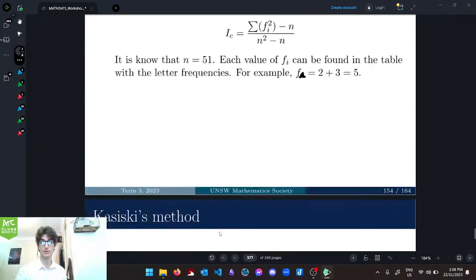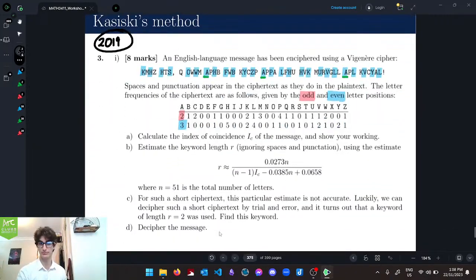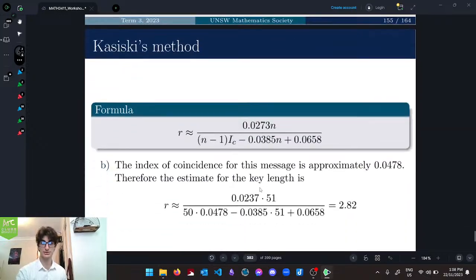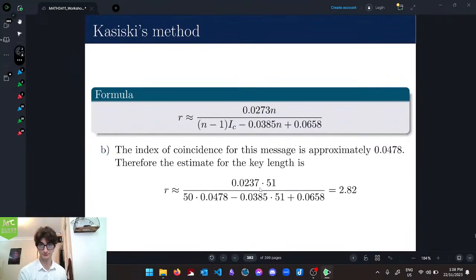Now we'll go through question B. Question B is to estimate the keyword length using the estimate we were given prior, where n equals 51 is the total number of letters. So we can simply substitute in the approximate index of coincidence and estimate the length of the key by also subbing in n, n minus 1 and n, interspersed by constants.